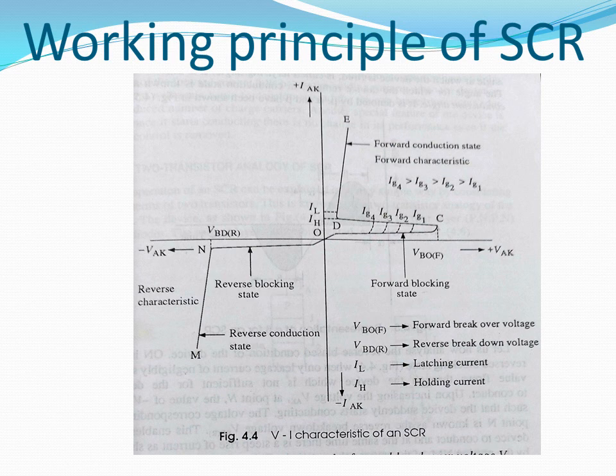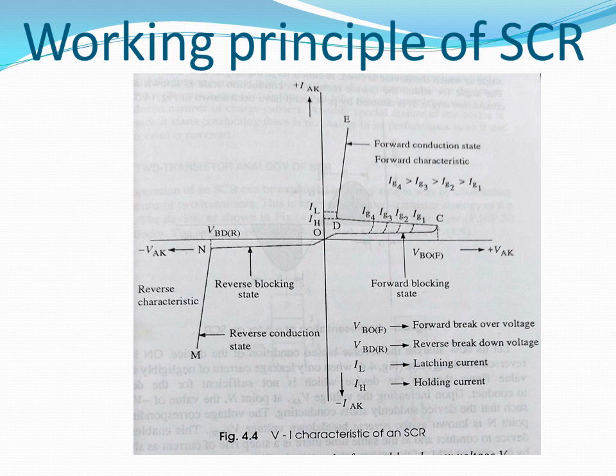The CD part of the characteristics shows that as soon as the SCR switches to on state, the voltage across the SCR will fall and a large amount of current starts flowing through the SCR. The DE part of the characteristics is called the forward conduction state.